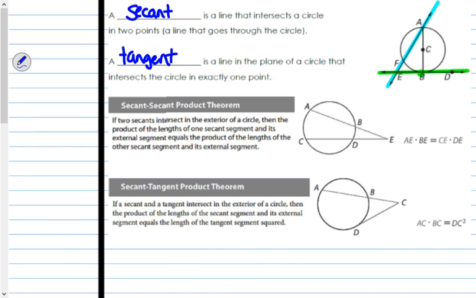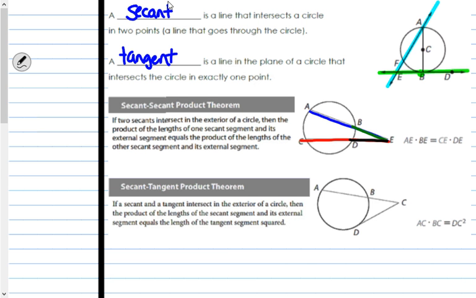So what this is saying is that AE, the whole secant, times BE, the outside part, is equal to CE, the whole secant, times DE. Okay, so the whole segment times its external piece is equal to the whole segment times its external piece.